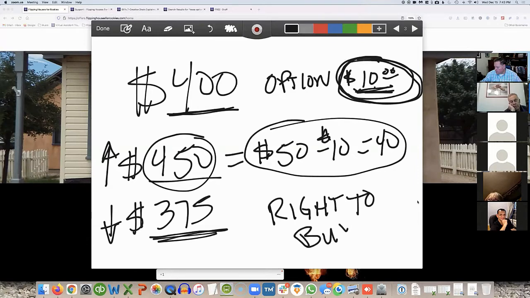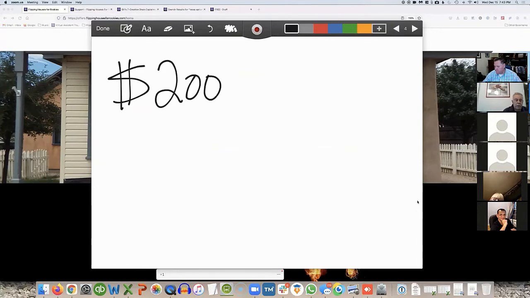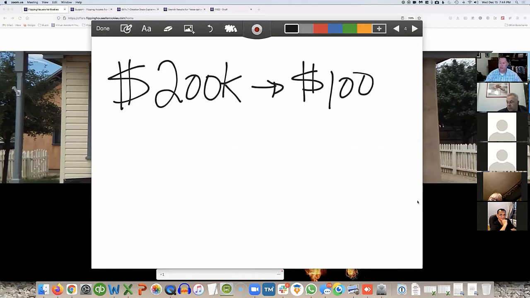Okay, so here's the interesting thing, is in real estate, if you got a $200,000 house, what I do is I buy the rights for $100. Now, the law says you need to use consideration. You have to procure the deal with consideration.